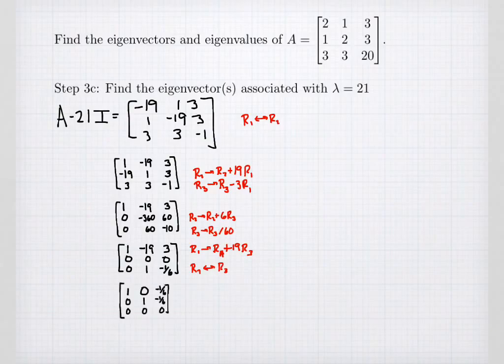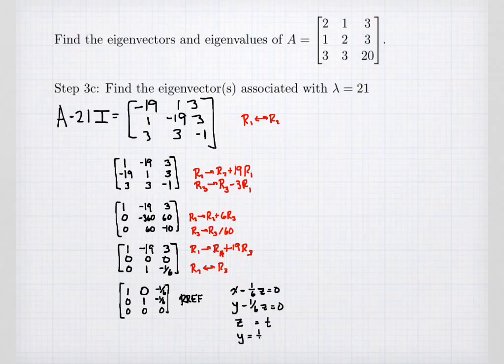Now I can interpret this reduced row echelon form. It tells me that x minus 1/6 z equals 0, and y minus 1/6 z equals 0, and z is free. So let's give it a parameter, call it t, and I can now solve for y.